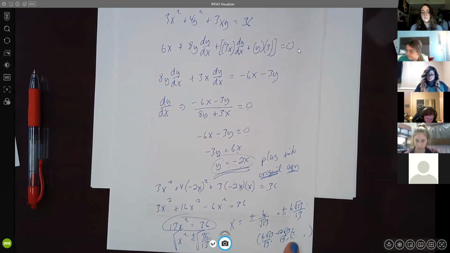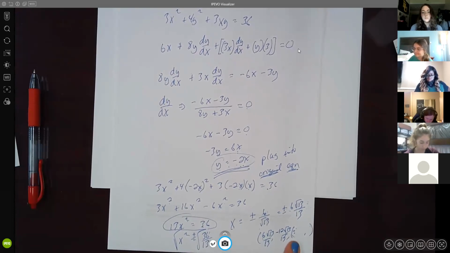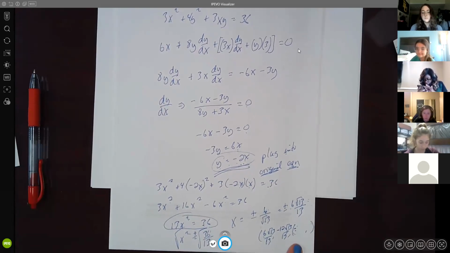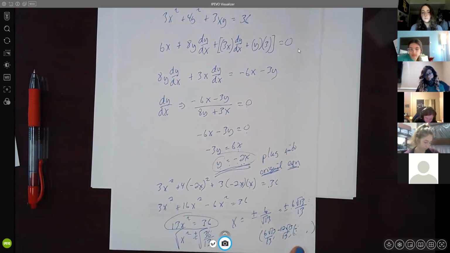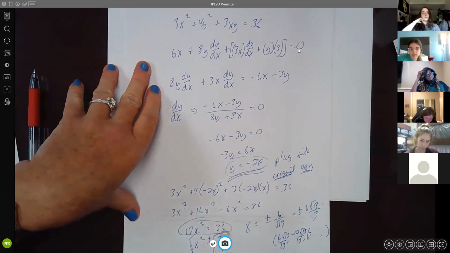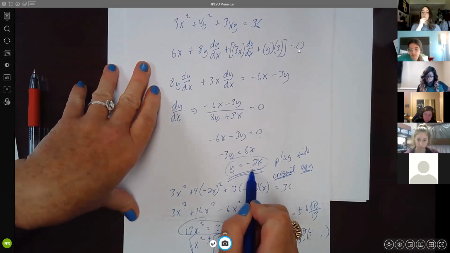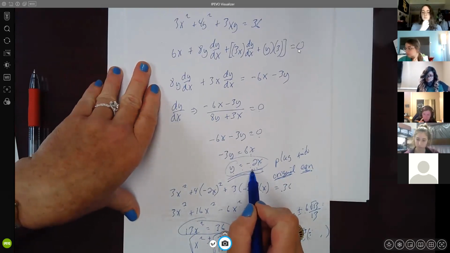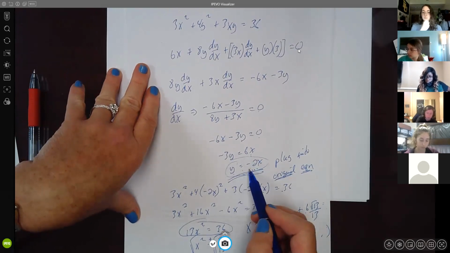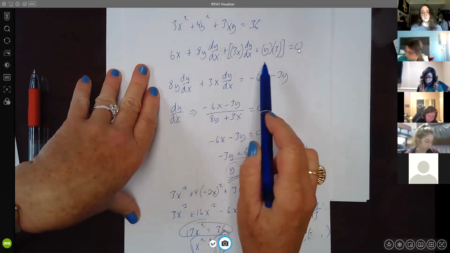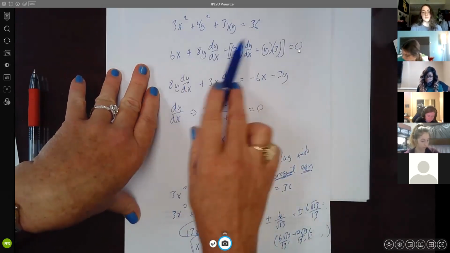Now, instead of plugging this back into the original equation and coming up with a monumental mess, which I don't recommend doing, what I recommend doing is using your relationship between your x and your y. Remember, this is the relationship that we got, and then we showed that it holds true up here.